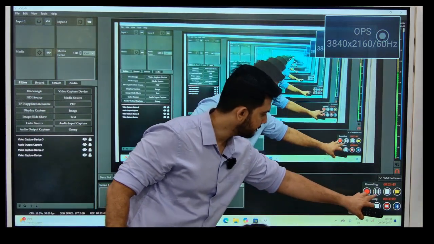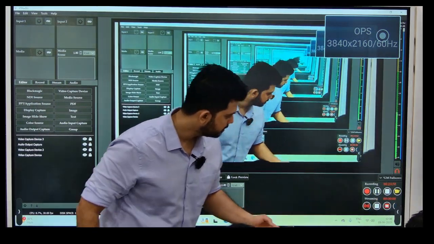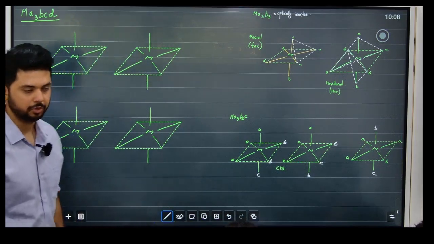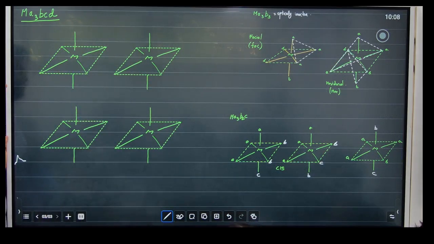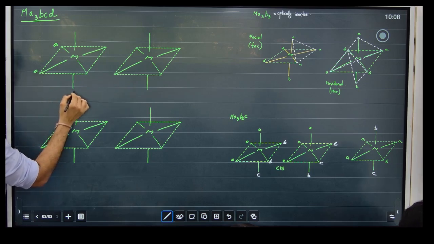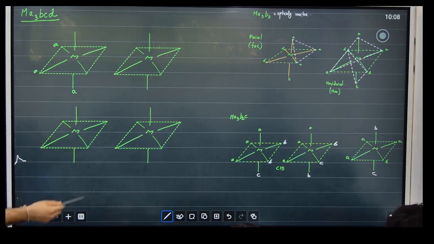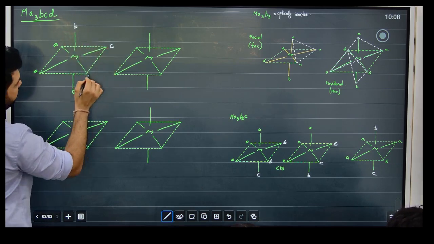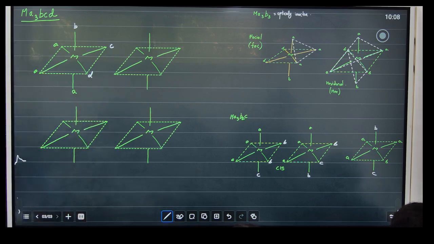Now, चलो, now M, A3, BCD. Again A3 को facial position A and then BCD कहीं पे भी डाल दो. Let's say B, C and B. ठीक है.